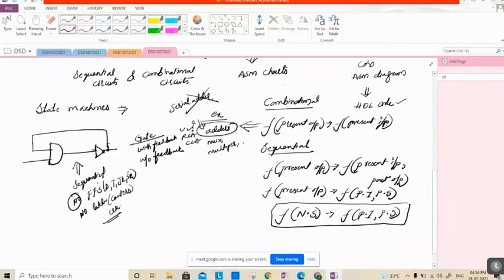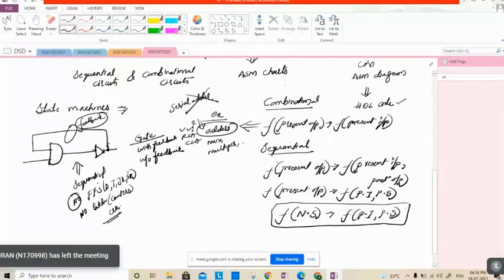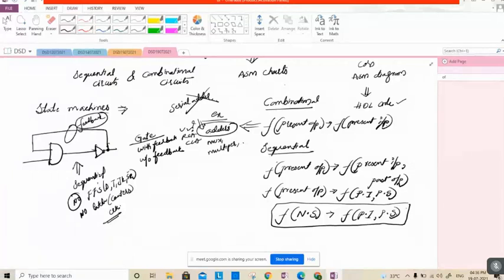Now, why is it a sequential circuit? Because of the feedback. Whenever we have a feedback in a circuit, it comes under sequential circuits. You should not just remember this; that is not the definition of a sequential circuit.